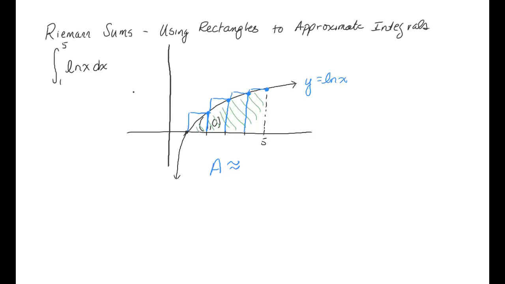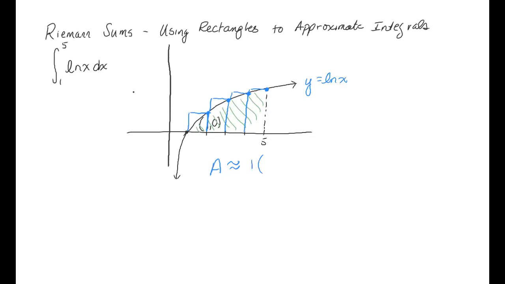So for my first rectangle, how wide is it? Actually, for all of my rectangles, since I evenly spaced them, how wide are they? 1. Okay. I was trying to make the numbers fairly nice. So the first rectangle is 1 unit wide, and it is how tall? As an exact number. ln of x.